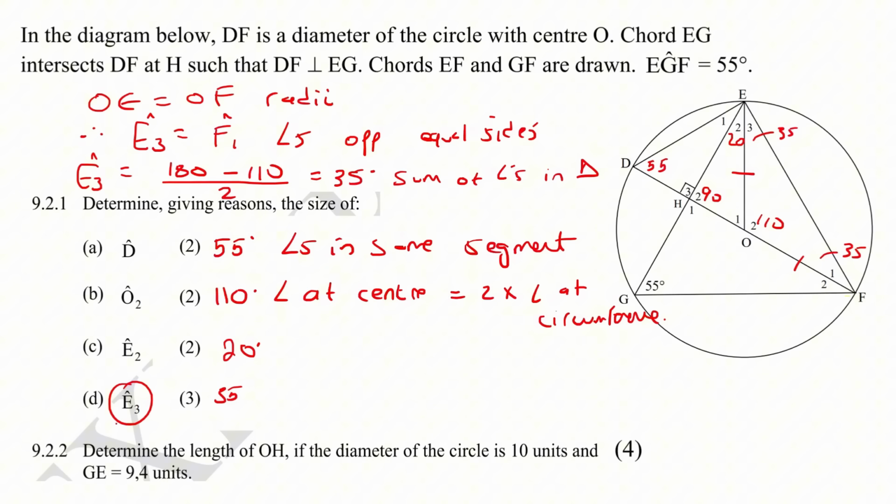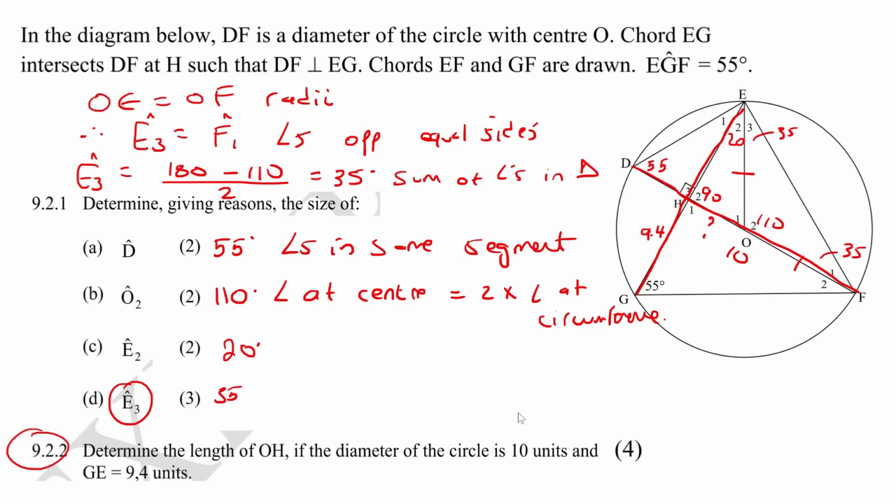Okay. Now, this question says, determine the length of OH, which is here, if the diameter is 10 and GE is 9,4. So GE is 9,4, and then the diameter is 10, and they want us to find OH.